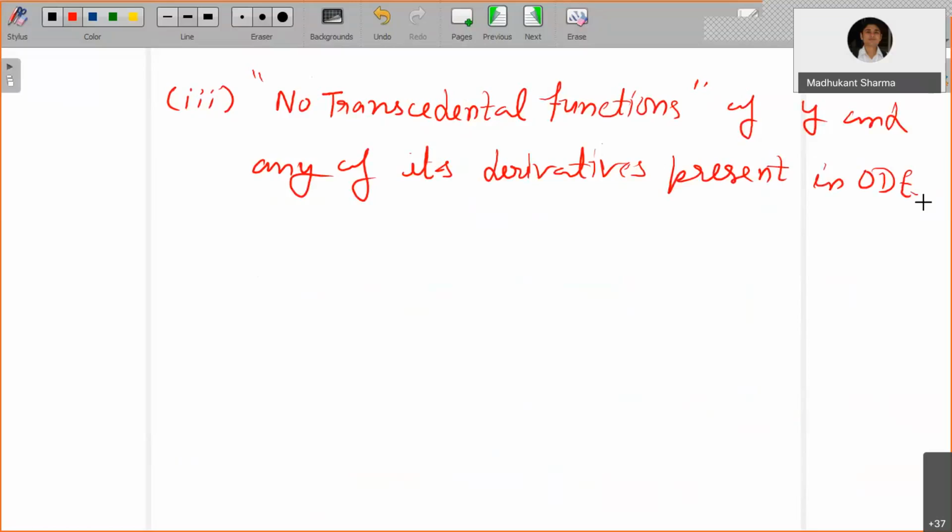We are not caring about them; put the white marker on them. The only thing we care about is the set of y and its derivatives.